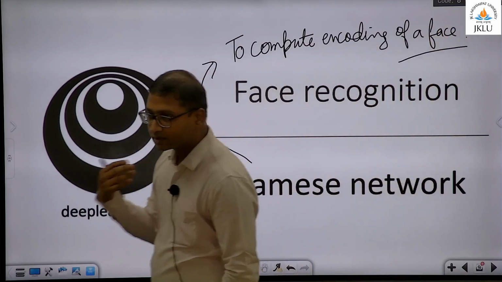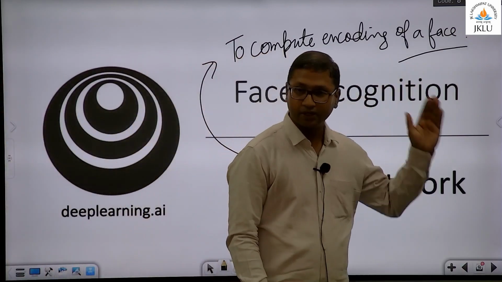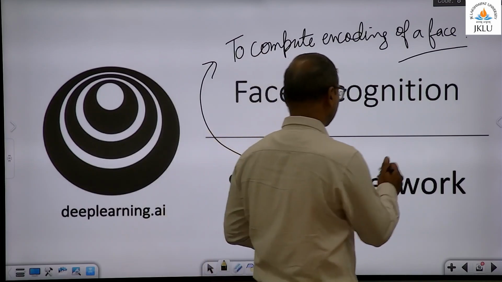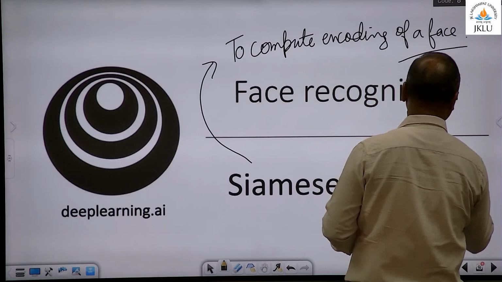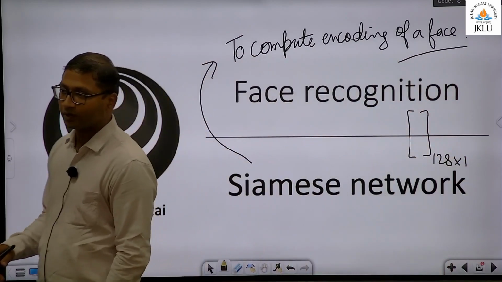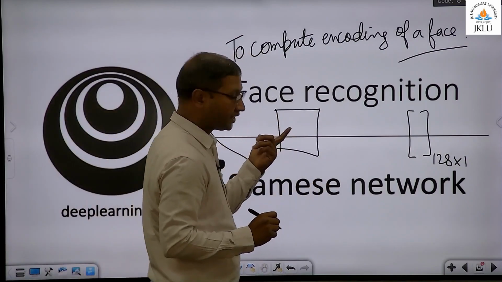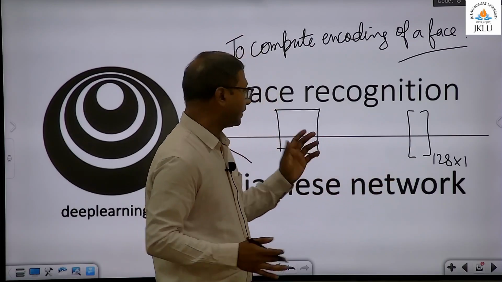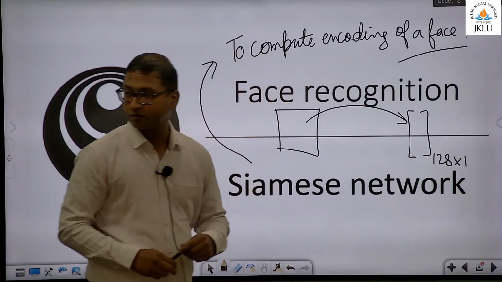In this case, I mean encoding of an image in general, but in this case encoding of a face. So it will output maybe a 128 cross 1 vector. Okay. So a machine represents this particular face with this particular vector.